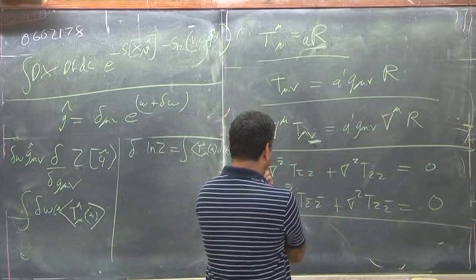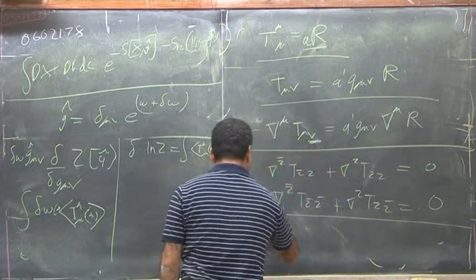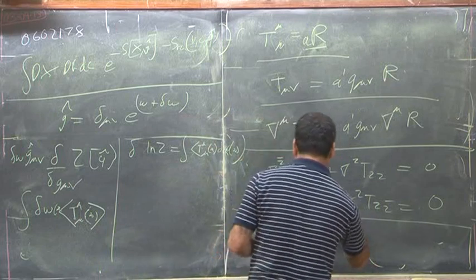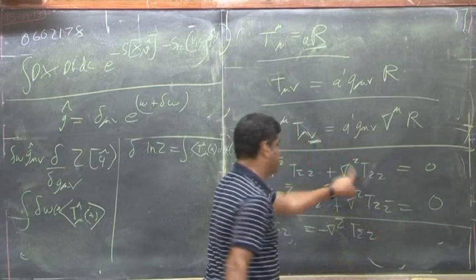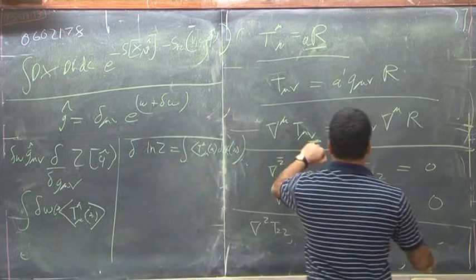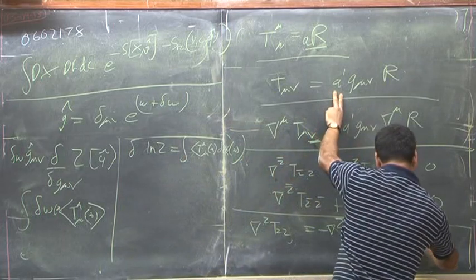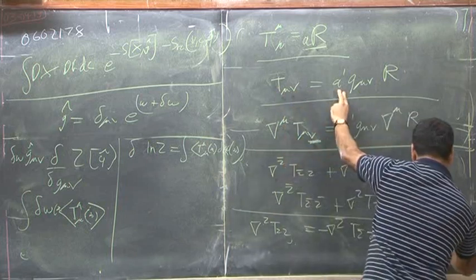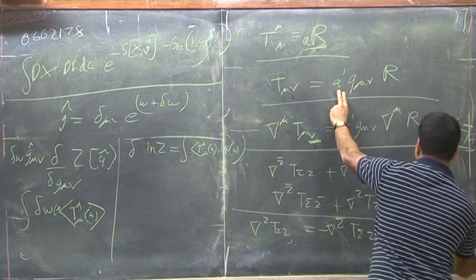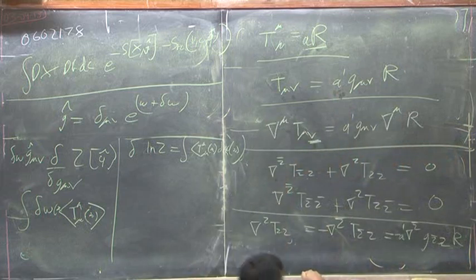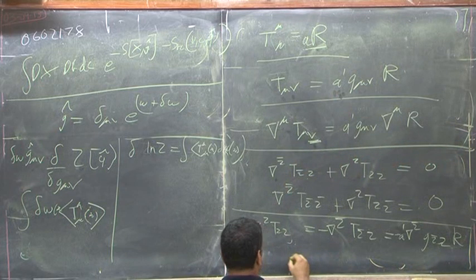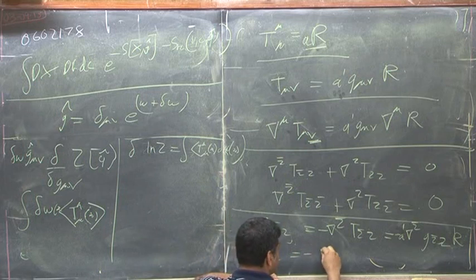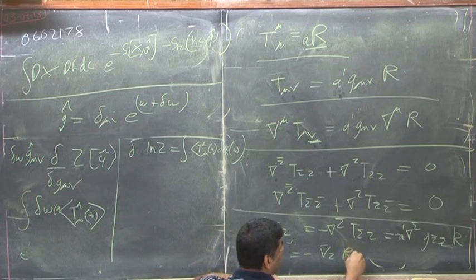And then I use that this quantity del z bar of T z z, which is equal to del z minus del z bar of T z bar z, is equal to minus del z bar by this equation, minus A prime del z bar g z bar z of R. Okay, so we get that del z T z z in conclusion is equal to minus del z of R with an A prime.